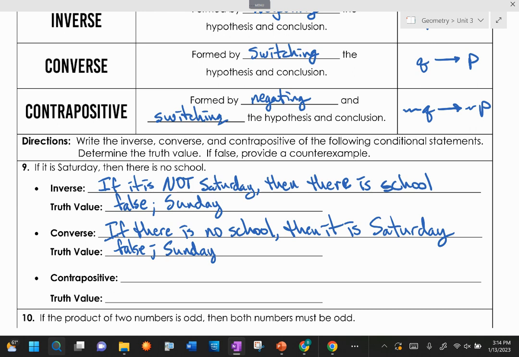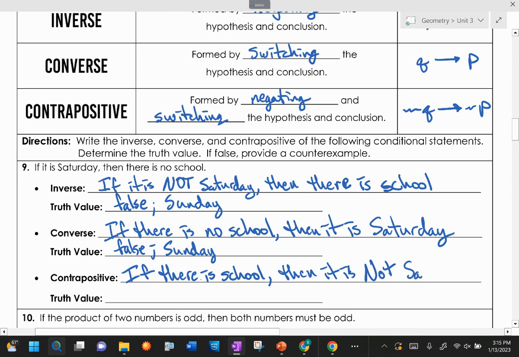Okay, the contrapositive would be: if there is school, then it is not Saturday. And that is true because you don't have school on Saturday. And again, if it's true, no counterexample is necessary because the example is the answer.